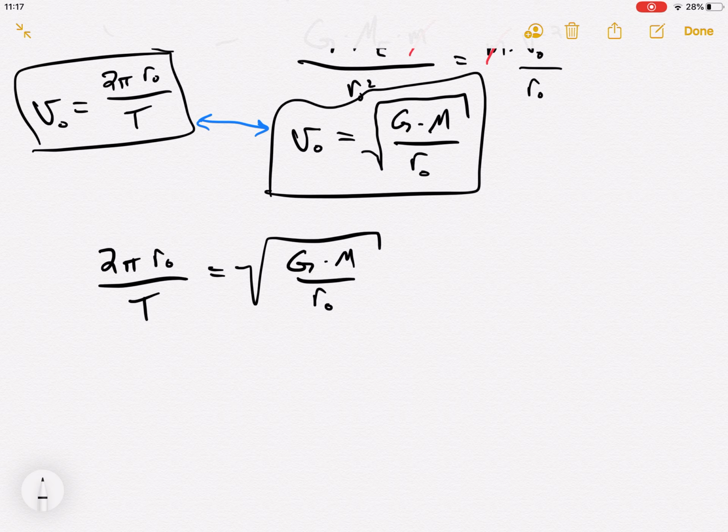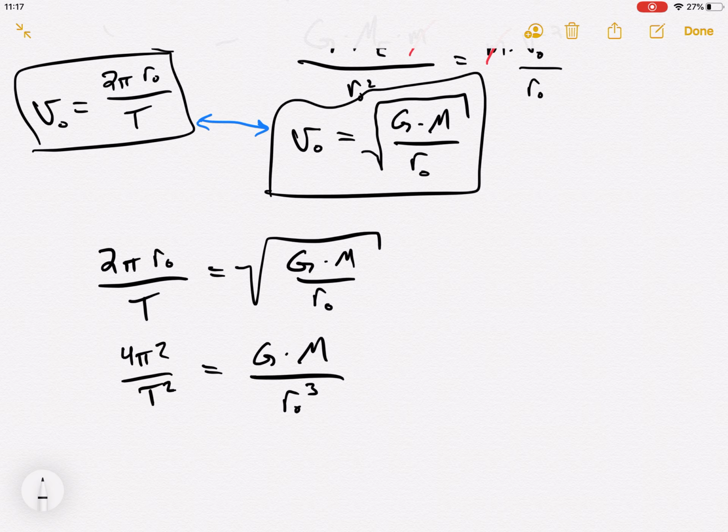We've got orbital radius a couple places. Let's see if we can collect those. So if I square both sides and move the orbital radius over, I get 4 pi squared over the period squared equals GM. Actually, if I square both sides, that r naught's going to be squared on the left. That's going to make this over r naught, and r orbit, cubed.